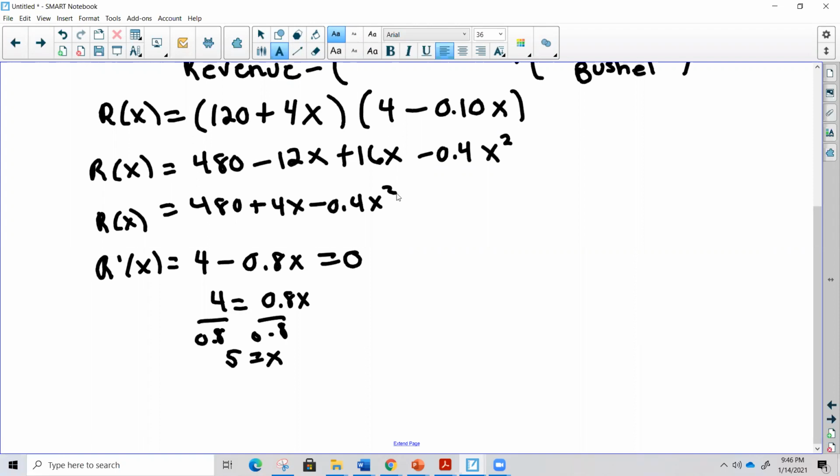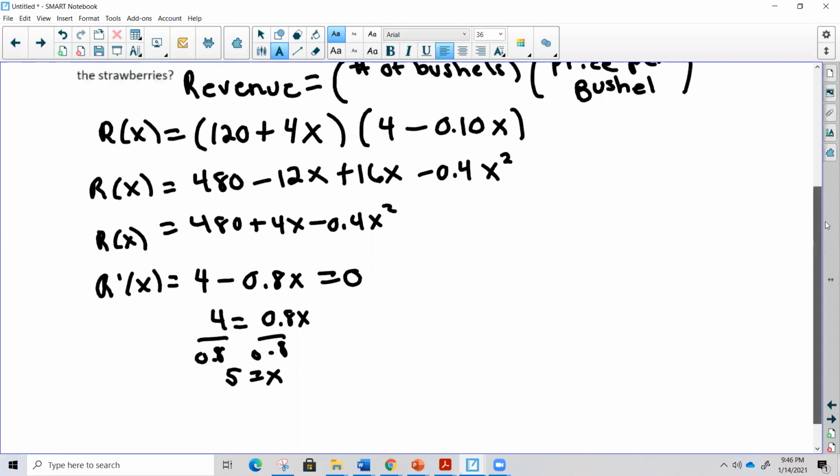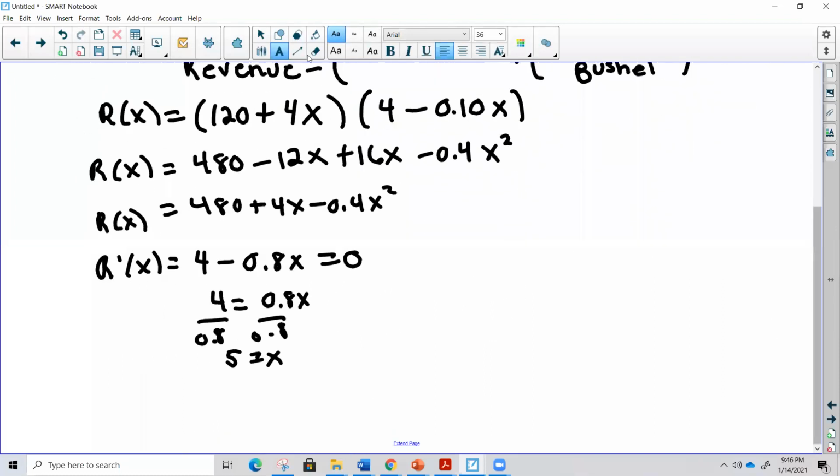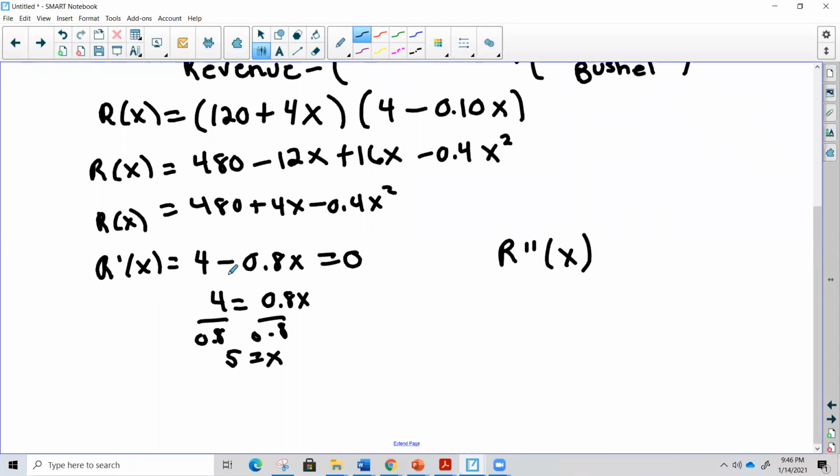Now before I do that, one thing we need to make sure is that we are getting a maximum. So to do that, I'm going to take the second derivative. So here's my first derivative. The second derivative: 4 is 0, negative 0.8x is negative 0.8. So it's negative, which means it's concave down, and I do have a max.